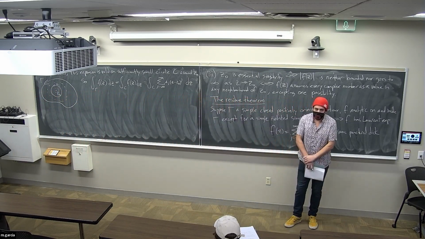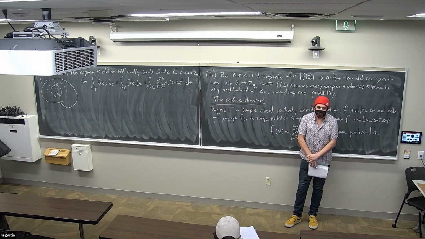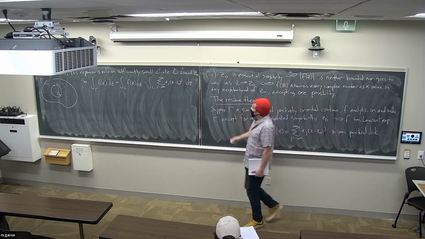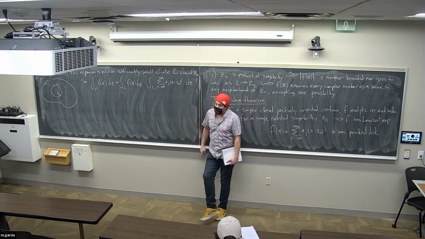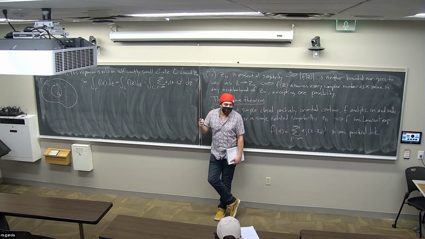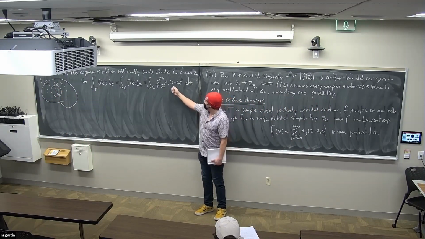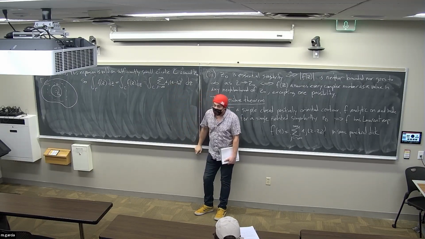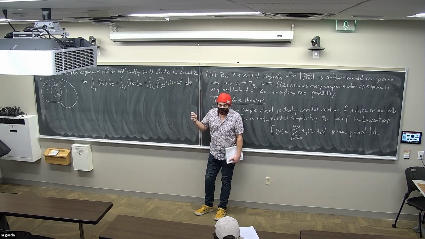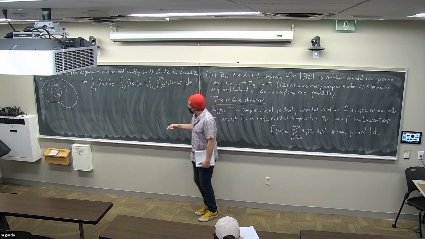All the ones that don't have a power of -1 become 0? Yeah, exactly. The integral for everything that has a power of z minus z naught, where j is not -1, is 0. And for the term that just has z minus z naught to the -1, we just get a sub -1 times 2 pi i. Yeah, good.